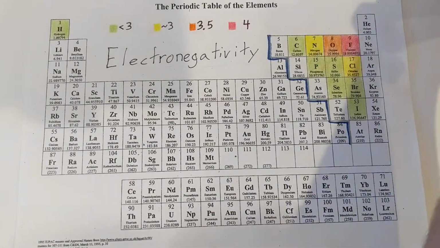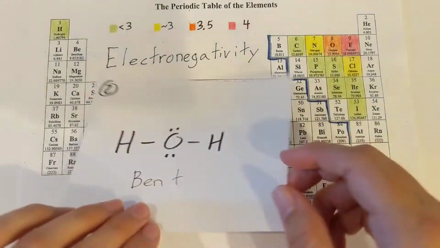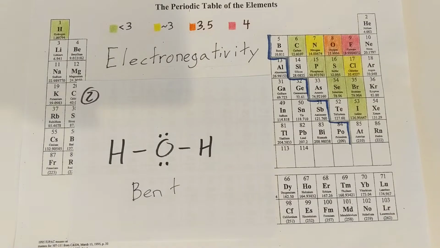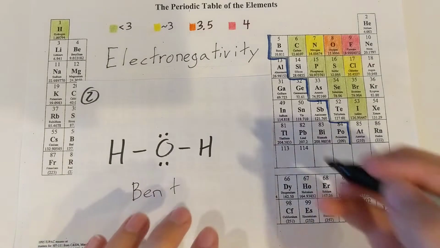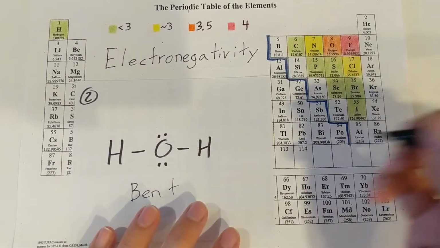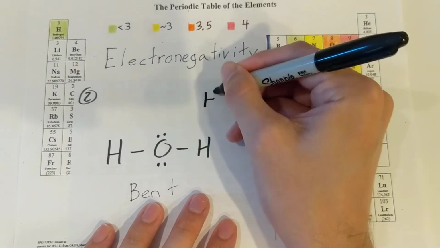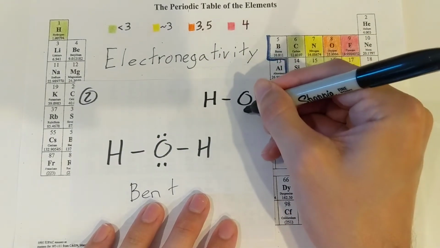All right, so let's take a look at the second one. And this is why shape's really important, because here I drew it all in a straight line. When we look at it and we want to be able to picture where that dipole moment is moving, where those electrons are getting pulled, we really need to draw it in a more accurate way of the shape. So I'm not an artist, so I'm just going to draw it with a bend like that.